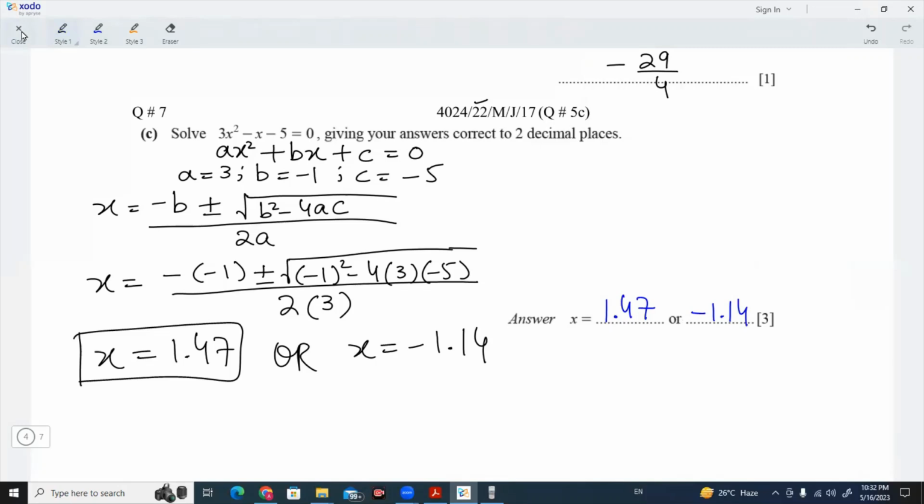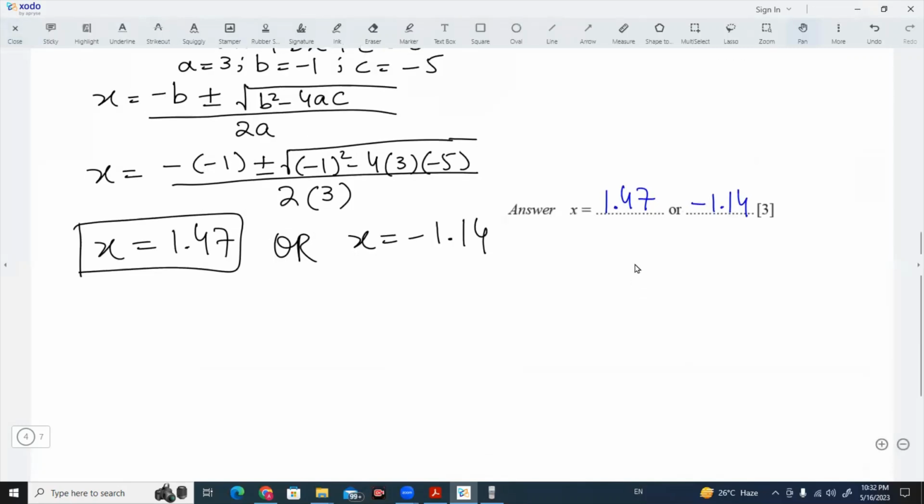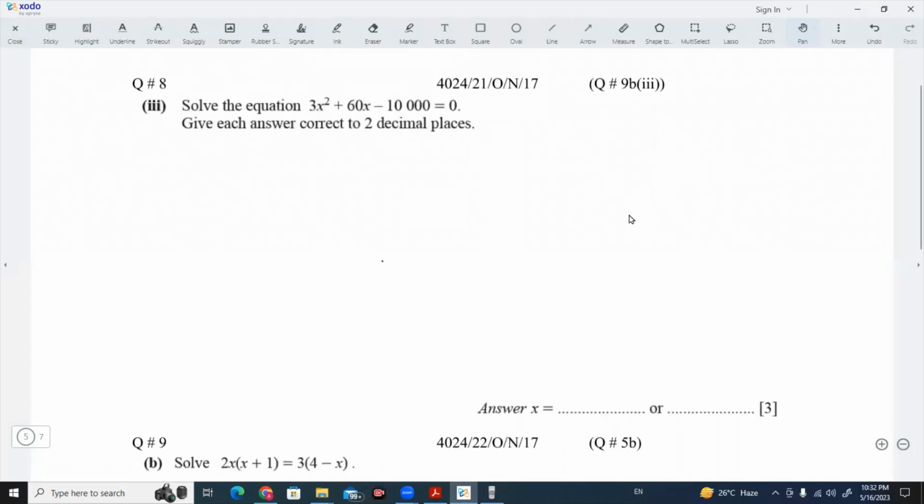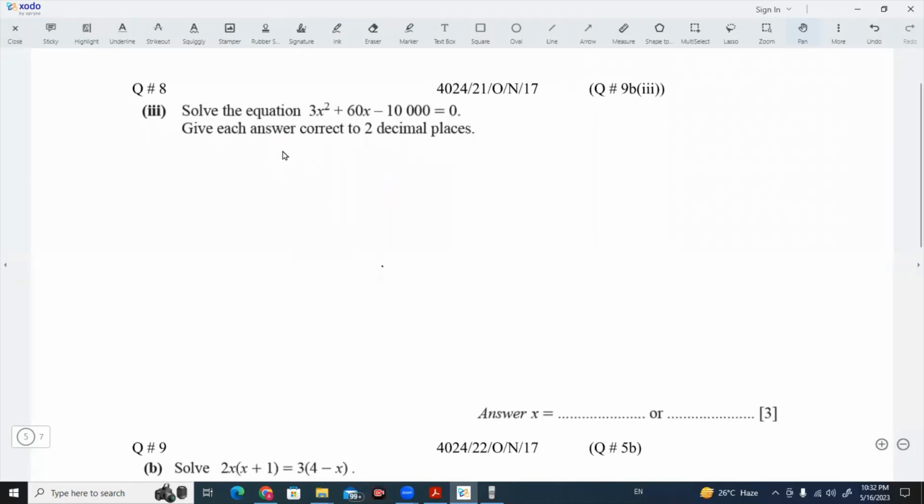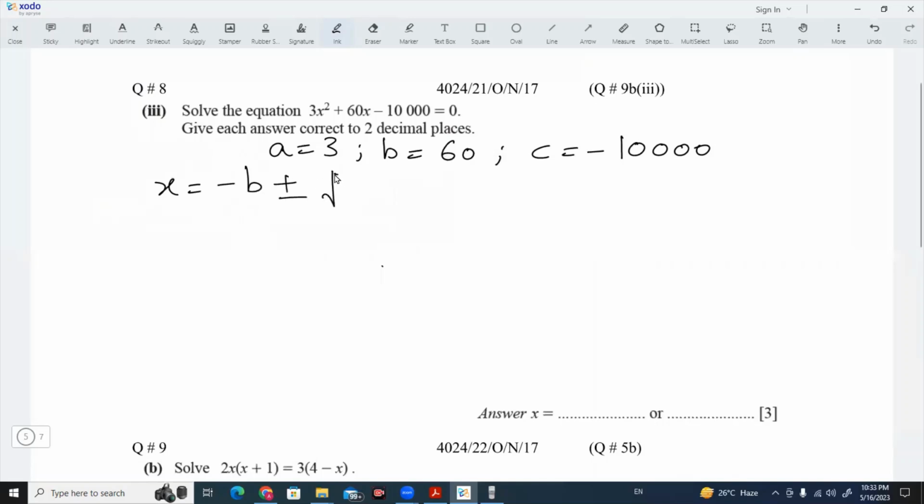We have to do the same process in the next questions. So moving ahead. In the next question, we have to figure out what A is. A is 3. What is B? B is positive 60, and C is negative 10,000, one with 4 zeros. So we write the quadratic formula: x equals minus b plus minus square root of b squared minus 4ac, whole divided by 2a.